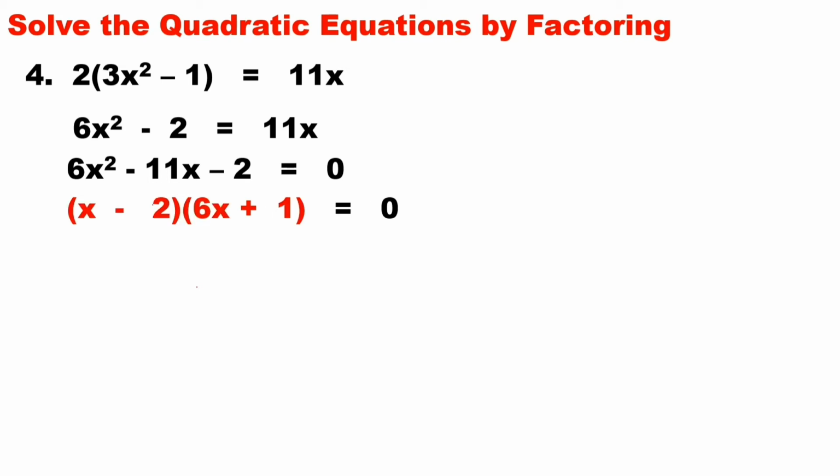For this time, the factor combinations quantity x minus 2 and quantity 6x plus 1 are now the correct factors of the quadratic equation. Applying zero product property, x minus 2 equals 0, 6x plus 1 equals 0. Solving them separately, transpose negative 2 will become positive 2.